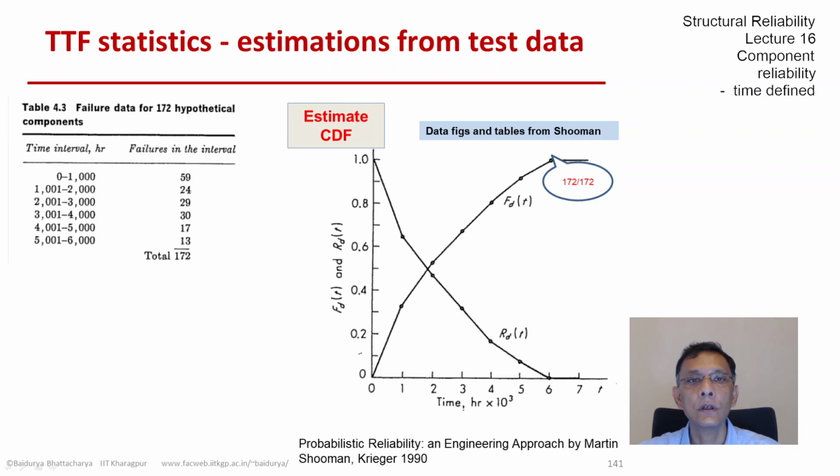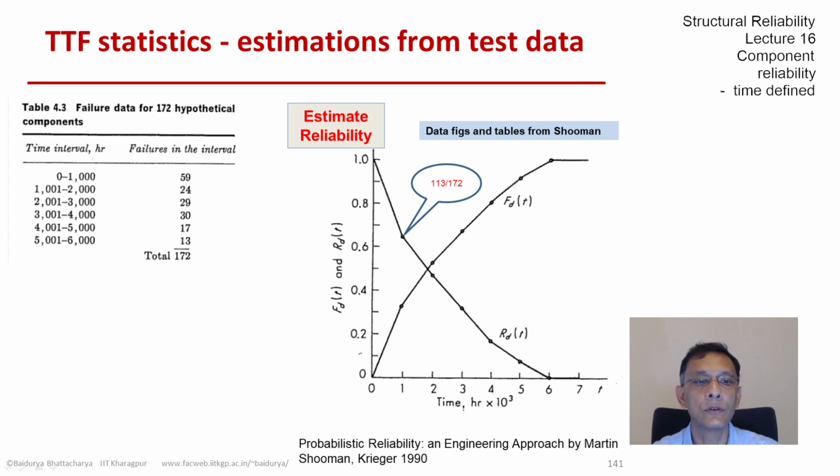We could do the same thing for the reliability function, and we'll just do the complement of what we did for the CDF. So at t equals 0, we would trace the reliability curve that you already see. At t equals 0, it's 1, so we start with reliability of 1, and then we could come down to the next one. So at 1000, 113 are surviving, so now we are looking at the survival fraction.